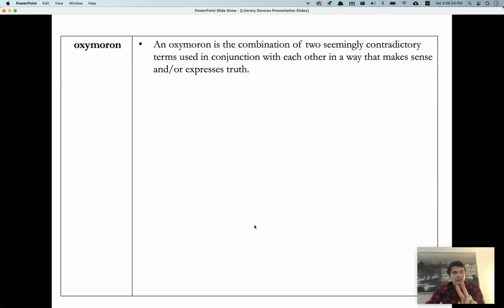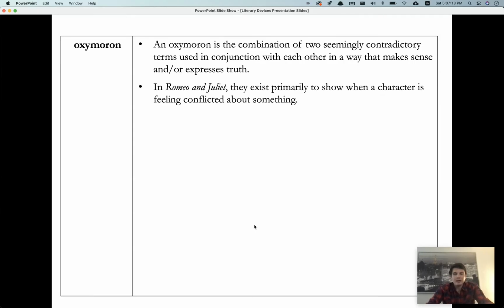Two words, or sometimes a few more than two words, put next to each other that, on the surface, look like they're opposite words, but when you put them together, it still expresses an idea that we understand, that makes sense. So they're everywhere, especially when showing that one character in particular, Romeo, is feeling conflicted about something.